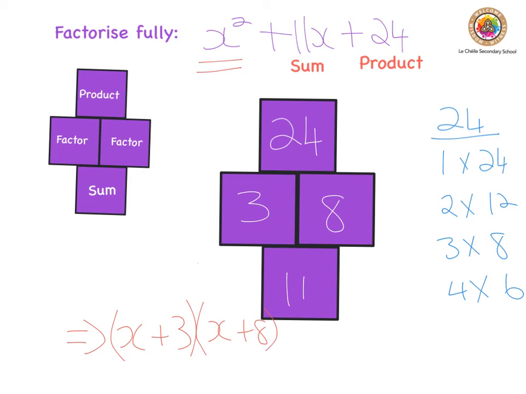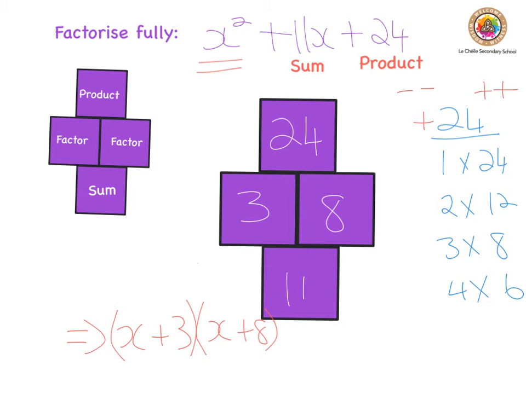Now, why did I know that they were both pluses? I knew they were both pluses because this is positive, but also, what do I have here? I've plus 24. So I knew I either had to have 2 pluses, because a plus by a plus gives me a plus, or 2 minuses.